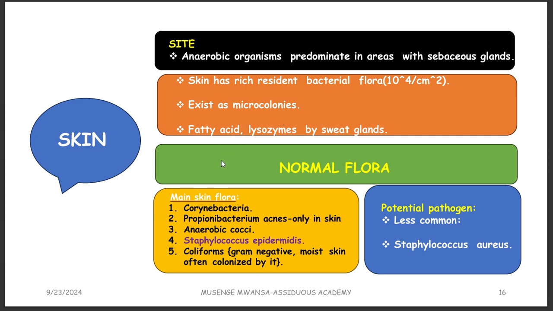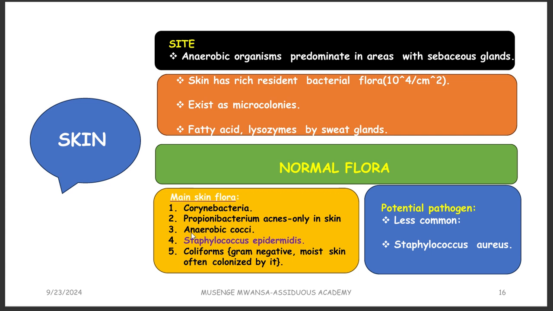Okay. So what are the normal flora of the skin? The most predominant one is Staphylococcus epidermidis. But you can see you have got also Corynebacterium. The way the question came was they said mention one example of a normal flora that is found in the external ear. And you know external ear is part of the skin. So Staphylococcus epidermidis, Corynebacterium, Propionibacterium acnes, okay, anaerobic cocci, coliform.